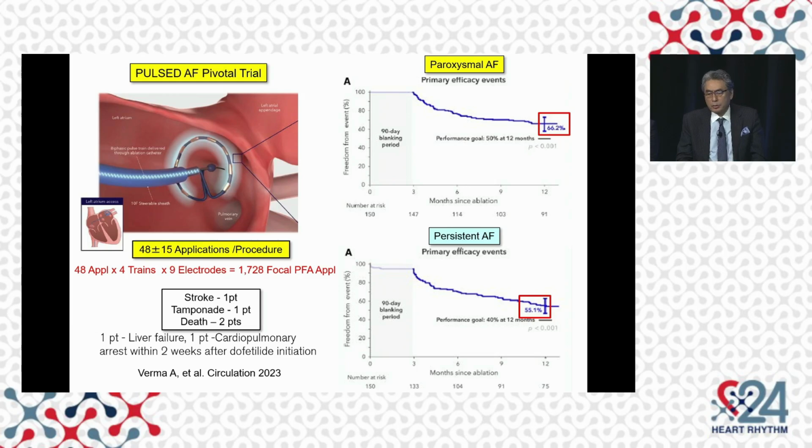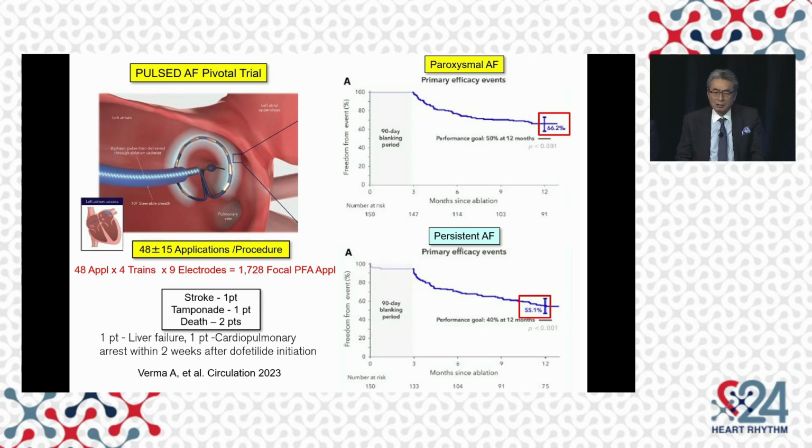Paroxysmal AF was 66% at 1 year, and persistent AF 55% at 1 year. The average was 48 applications, 4 trains over the 9 electrodes. This may not be very accurate as a translation, but if you think of it like focal RF ablation, it may be like 1,728 focal applications of PFA.